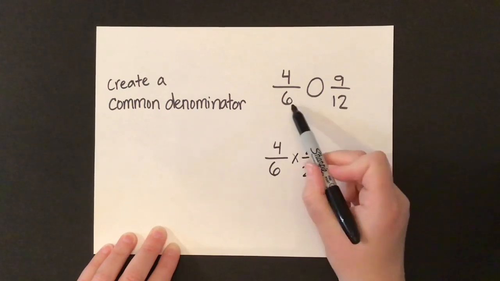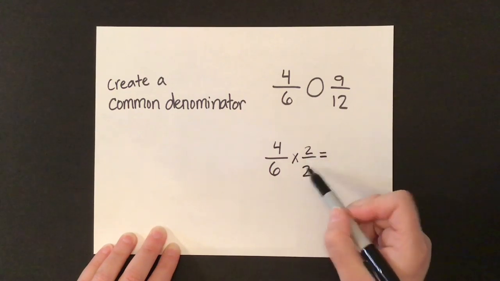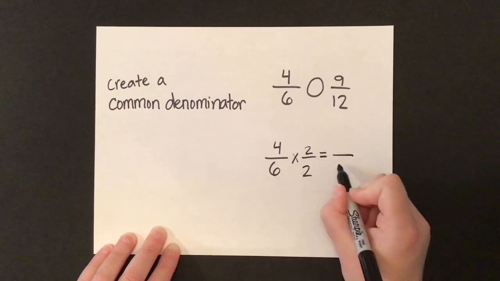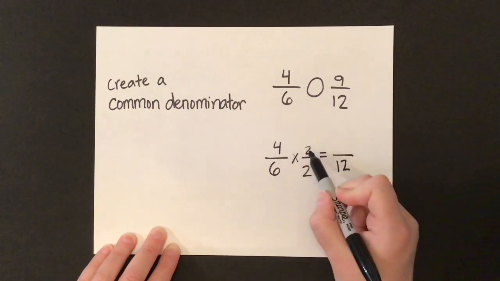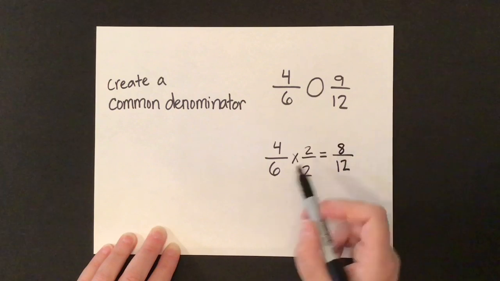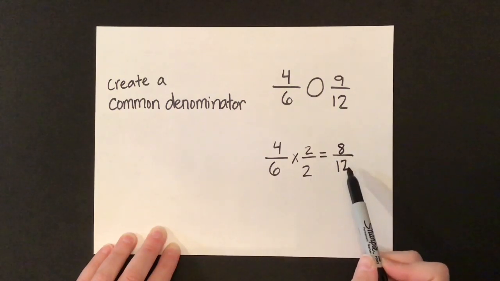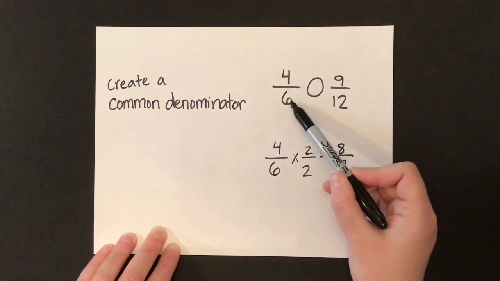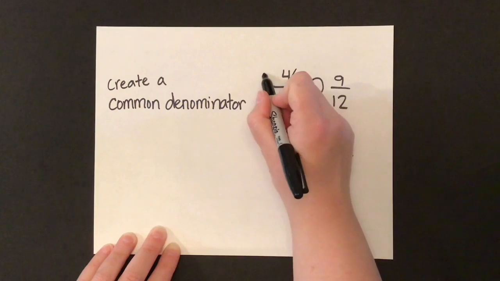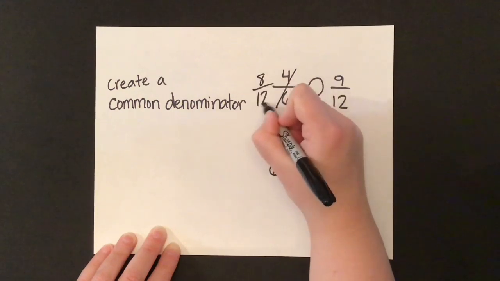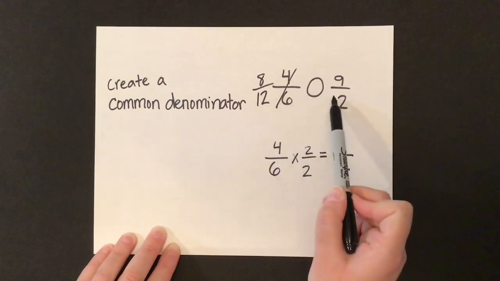I know that 6 times 2 is 12. So if I multiply it by 2 halves, I will get a fraction with a denominator of 12. So 4 times 2 equals 8, and 6 times 2 equals 12. I've just found a fraction that's equivalent to 4/6, but it's really great because it has 12 as a denominator. And so now I can easily compare the two fraction amounts.